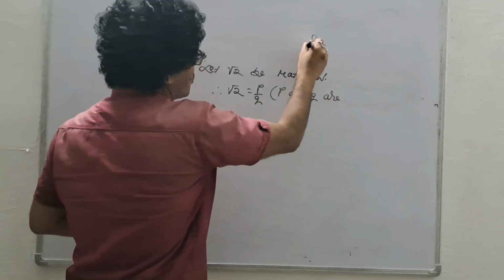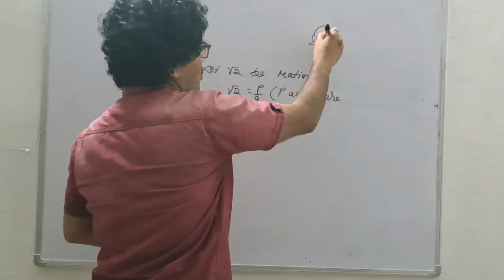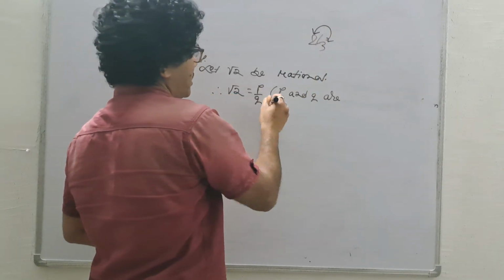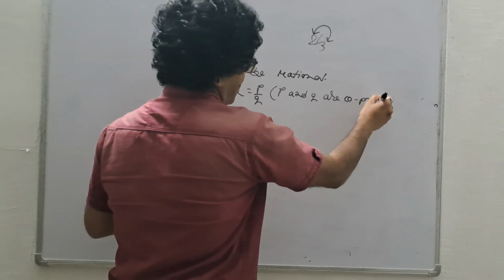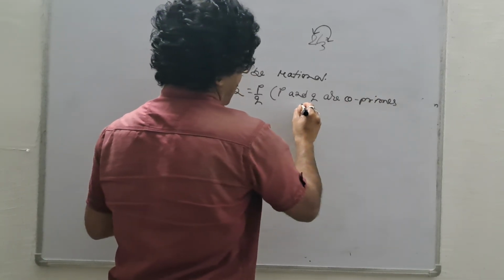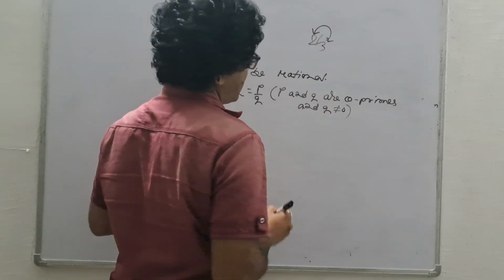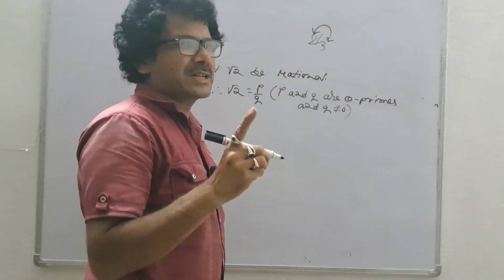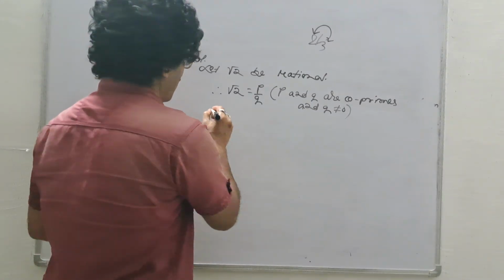Just I have shown you 2 by 3, the lowest form of a rational number. So 2 and 3 are co-primes. So P and Q are co-primes, and Q not equal to 0. P and Q co-prime means 1 is the only common factor of P and Q. We have assumed it here.